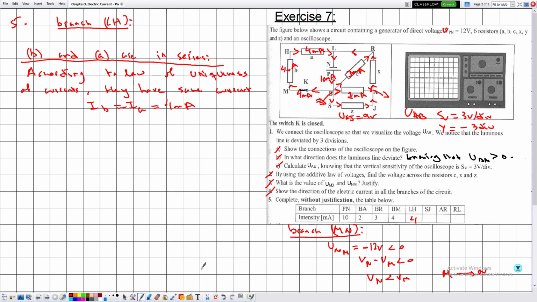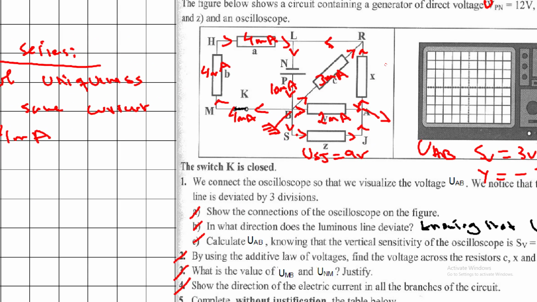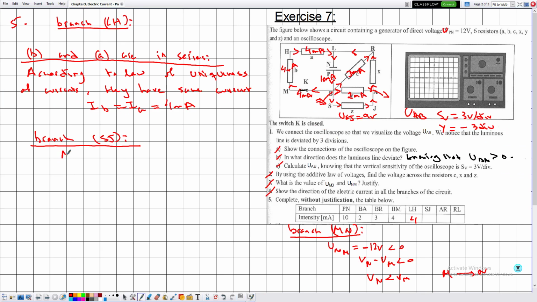Okay, now as for branch SJ. Now SJ represents this. We can apply the law of addition of currents at the node B. We have that summation of I in is equal to summation of I out.